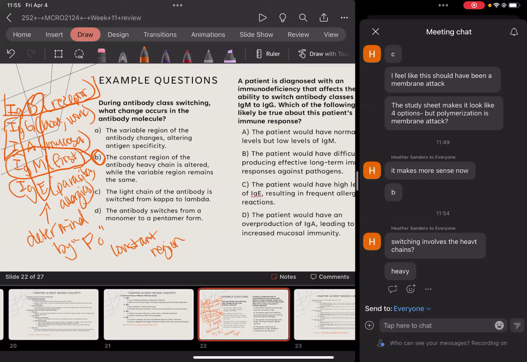So remember, your antibody looks like this. This is your heavy chain. This is your light. This is your constant. This is your variable.